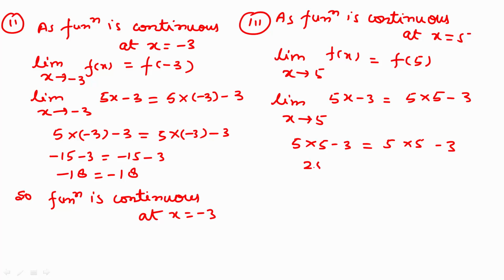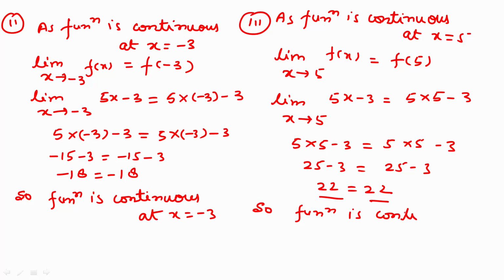On solving, 25 minus 3 is equal to 25 minus 3. This will be equal to 22 is equal to 22. Both sides are equal. So function is continuous at x is equal to 5.